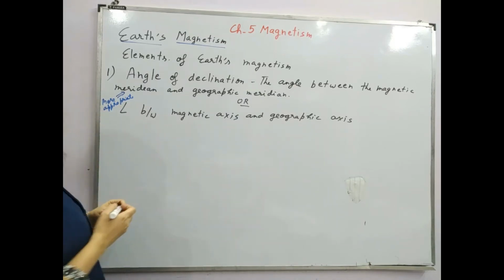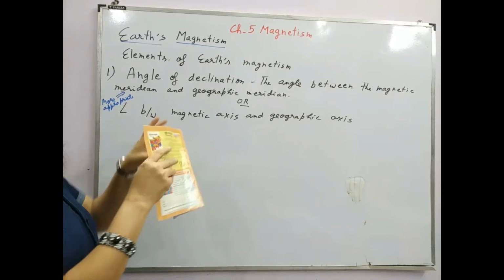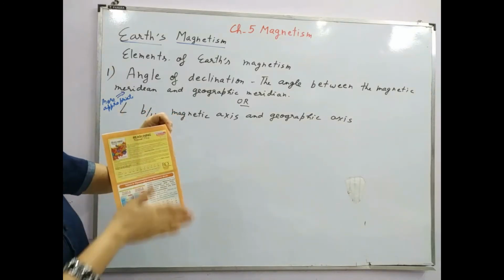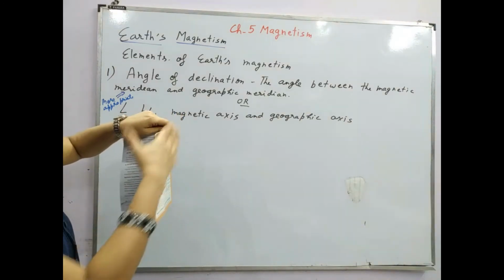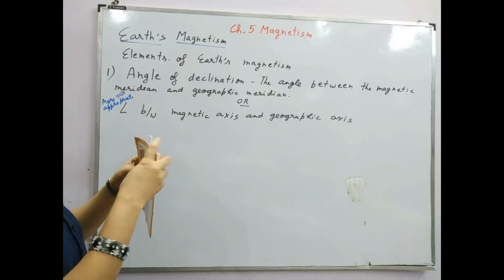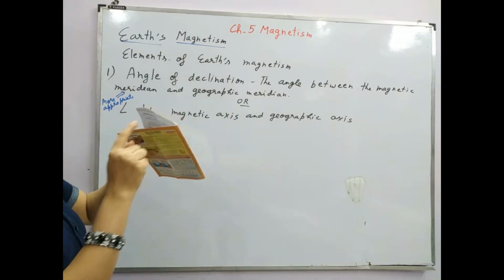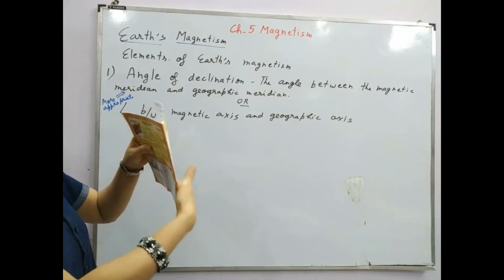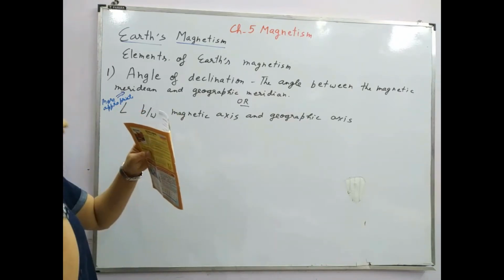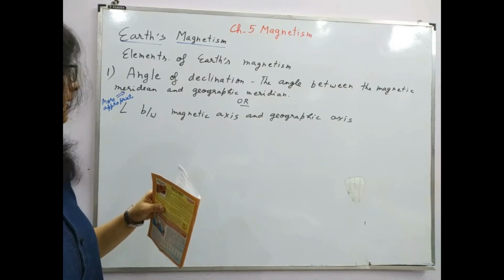So what does this mean? If you have this Earth, and this is one plane passing through your geographic axis and this is another plane passing through the magnetic axis, the angle between the two, one being the geographic meridian and the other the magnetic meridian, is called the angle of declination.